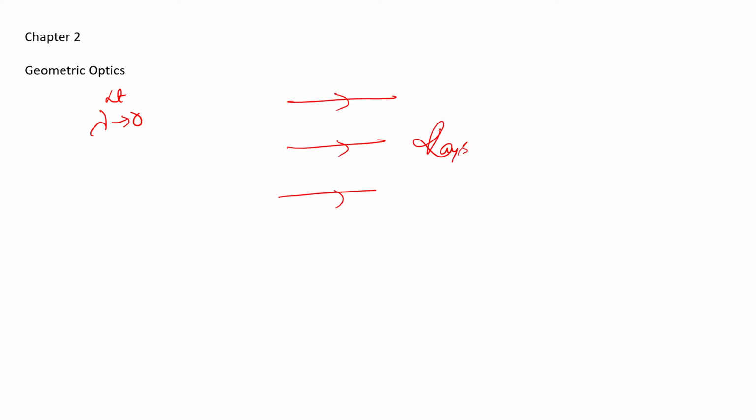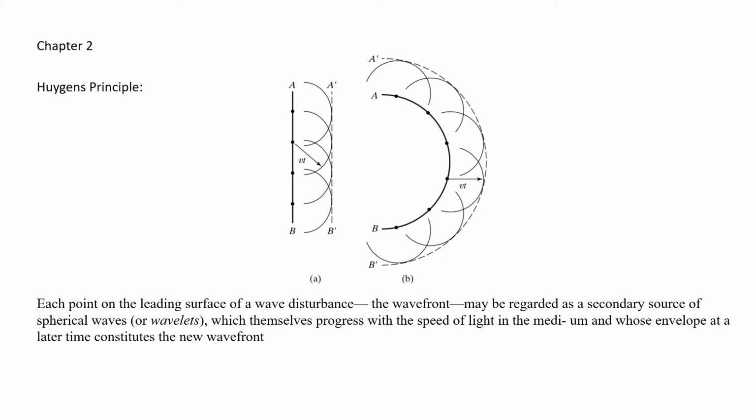So for the purpose of this chapter, we are going to treat light as simply made up of rays. That said, let's look at one of the key principles, the Huygens principle. So if I have one ray of light or one wave of light, this is not the same as a plane wave, this is just a disturbance.